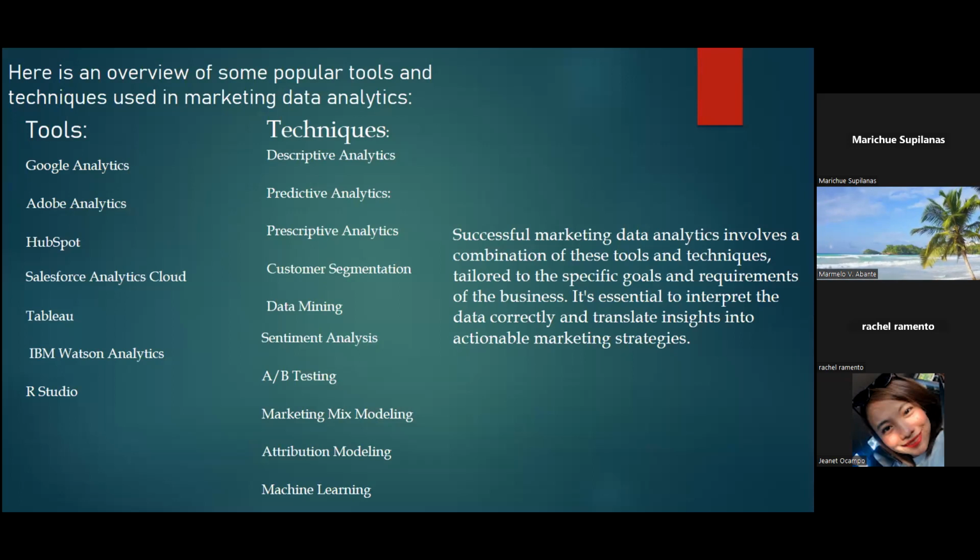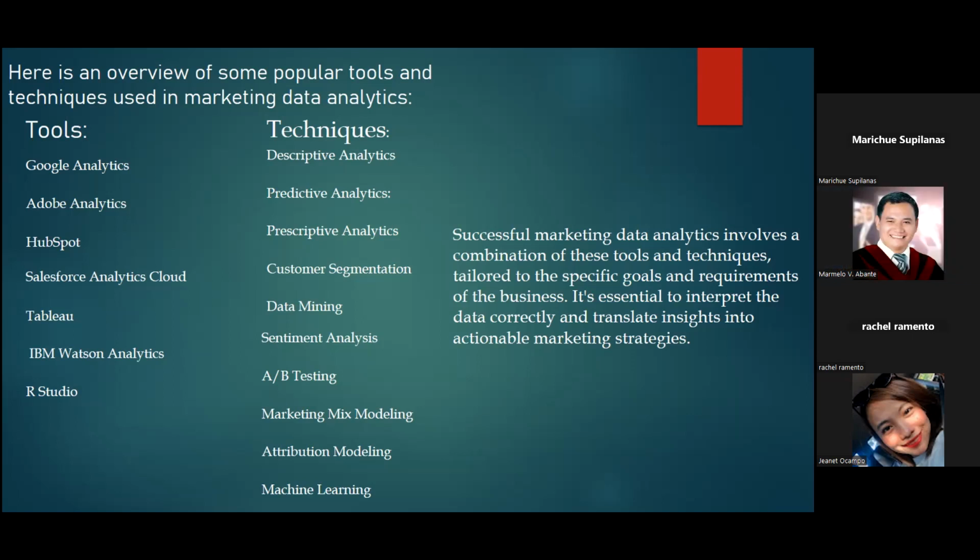And next is customer segmentation, which divides customers into groups based on shared characteristics. This helps in targeted marketing efforts as different segments may respond differently to marketing campaigns. And sentiment analysis uses natural language processing and text analysis to determine customer sentiment towards products, brands, or services.